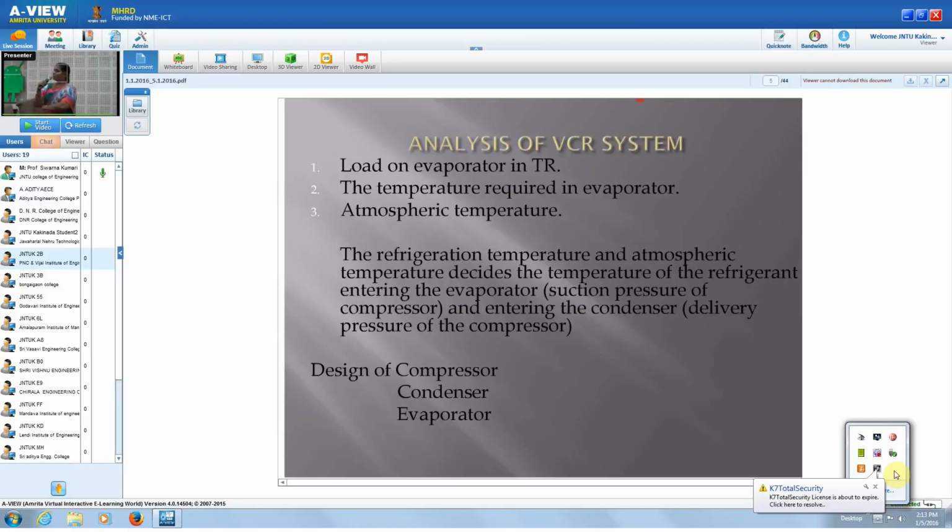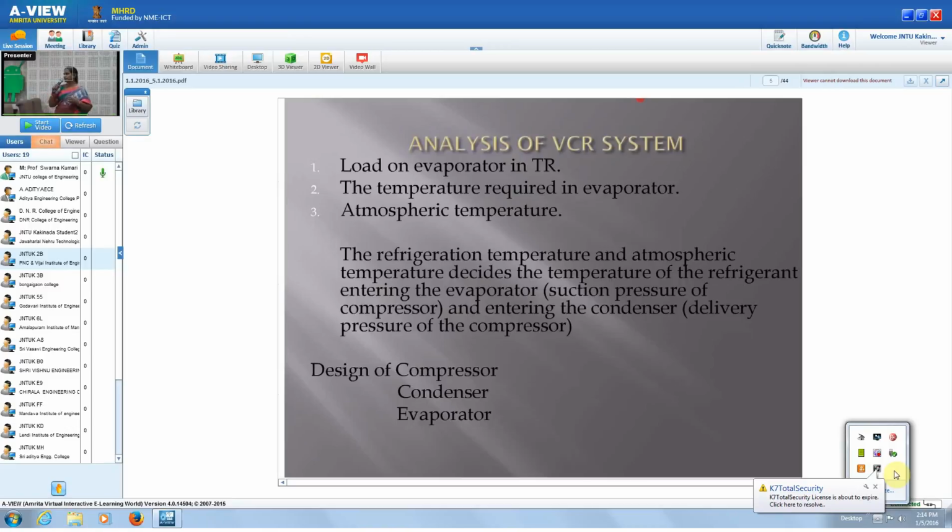When the volume flow rate required is less or the pressure ratio required is more. Okay. Whenever the pressure ratio required is more, then reciprocating compressors are always preferred. Okay. When the pressure ratio required is less, then one type is preferred. Okay. And depending upon the compressor also, at the suction of the compressor, the refrigerant may also change its state.